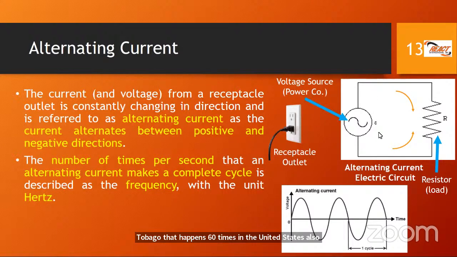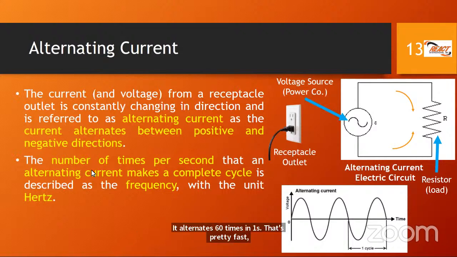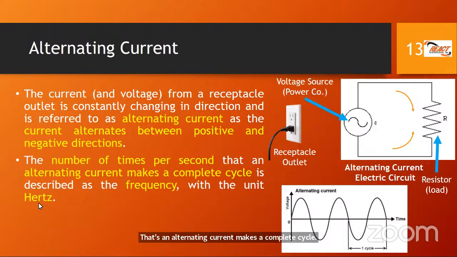That's pretty fast, right? So we need to know for the exam that the number of times per second that an alternating current makes a complete cycle is called the frequency. And the frequency is given using the term hertz. So we have a diagram here.